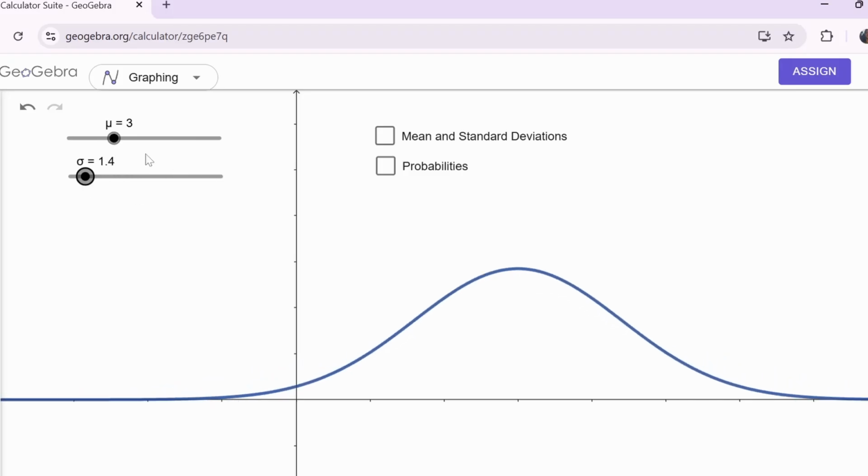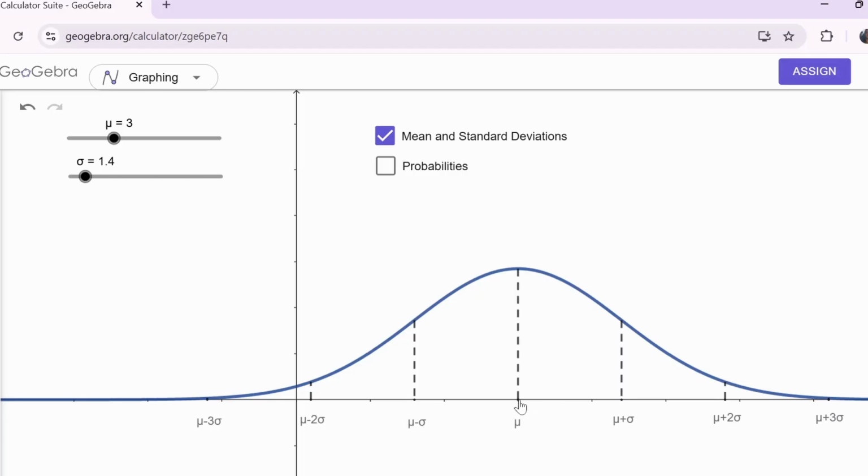We know that because this is the density function of a random variable that is normally distributed, most of the values that x can take are going to be close to that mean. So if my mean is here, most of the values are going to be close to it. Actually, most of the values that x can take are going to be one standard deviation or less from the mean.